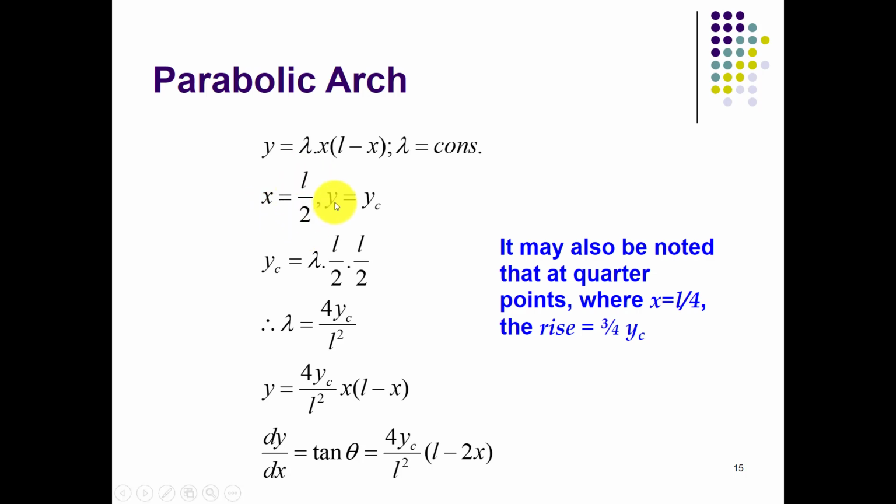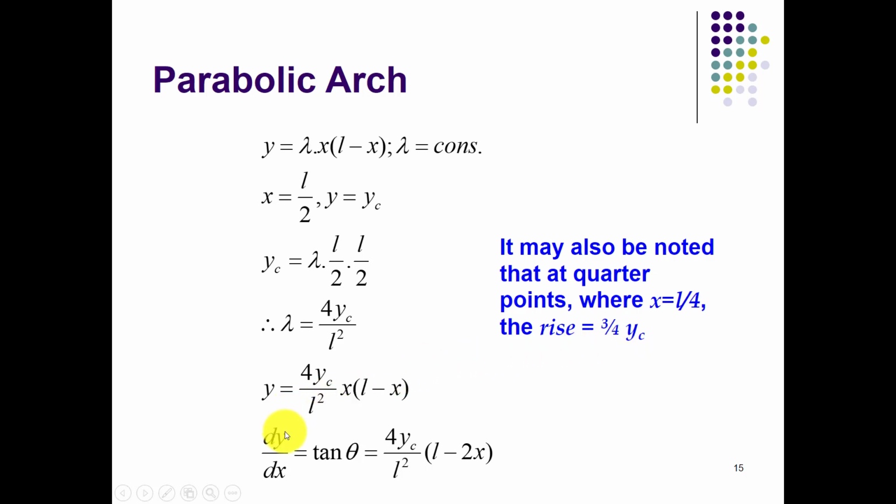The vertical distance for the section x equals L by 2 will be yc, which is the maximum distance. If we compute these values in this parabolic equation, it will be gamma into L by 2 into L by 2, which comes out as gamma, a constant value, equal to 4yc over L square. In case we have x equals 1 by 4, then we have 3 by 4 of yc in case of a parabola. It is an attribute of a parabola.